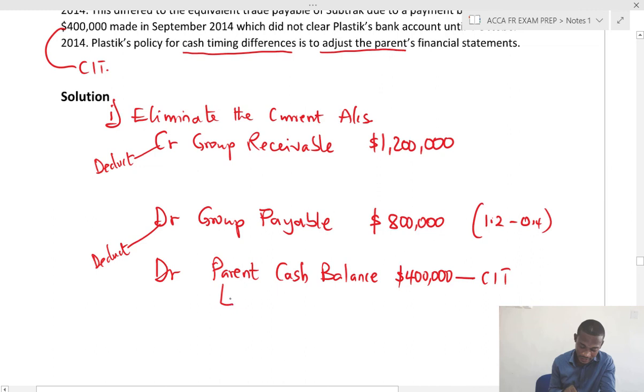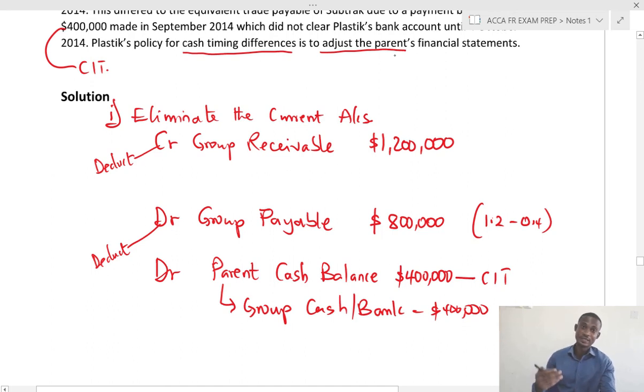Otherwise, you can say we debit group cash or bank the same amount. So if this statement was not here, ideally the adjustment is that we will add the cash in transit to the parent or to the group cash balance, because the money is for the group.